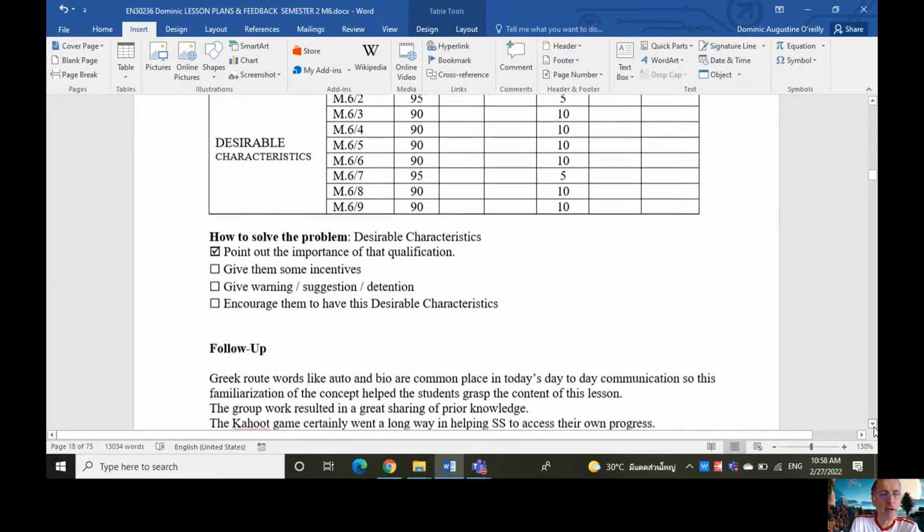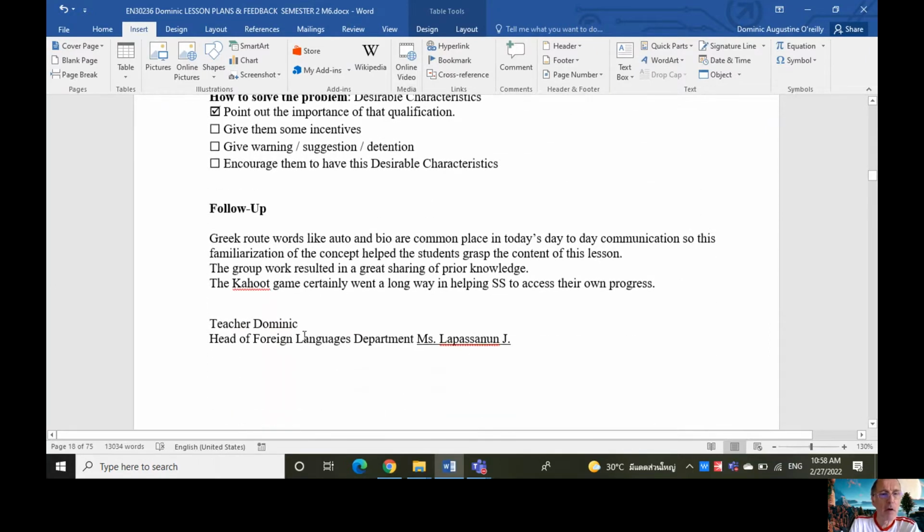So what I've written in the feedback is Greek root words like auto and bio are commonplace in today's day-to-day communication. So this familiarization of the concept helped the students grasp the content of the lesson. The group work resulted in a great sharing of prior knowledge. So that was the first box I ticked.